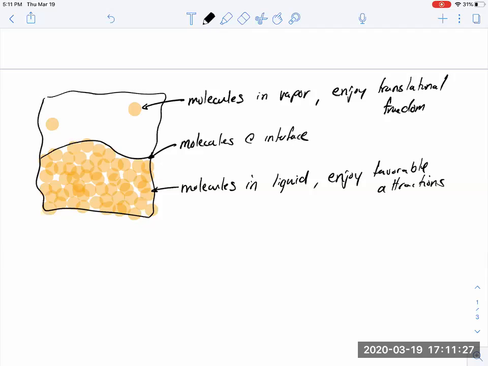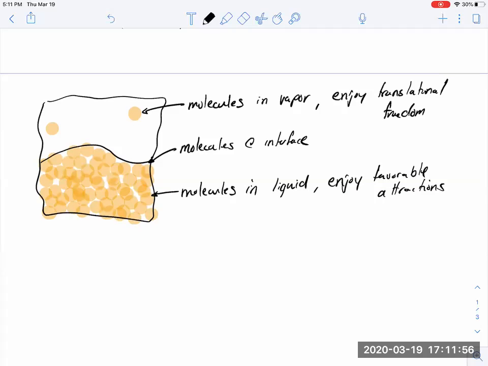Those molecules can't translate freely. They still have enough other molecules around them such that their translations are hindered. And yet, at the interface, there are fewer molecules around them than there are in bulk. So they don't enjoy as favorable attractive interactions. So it's not hard to imagine that those molecules are comparably kind of grumpy.